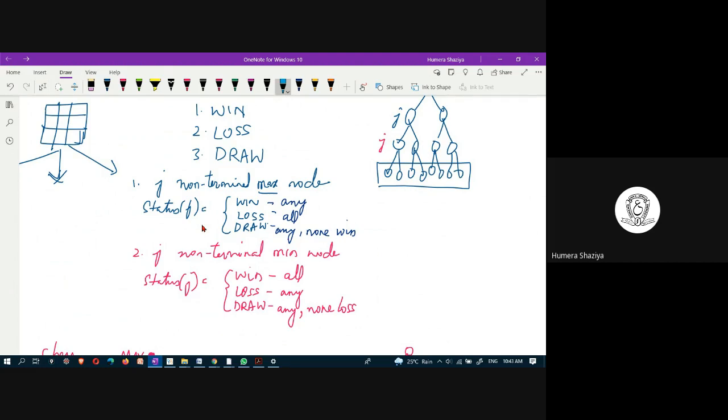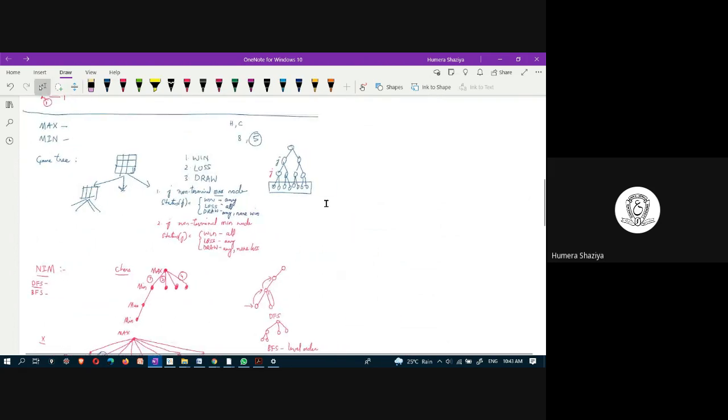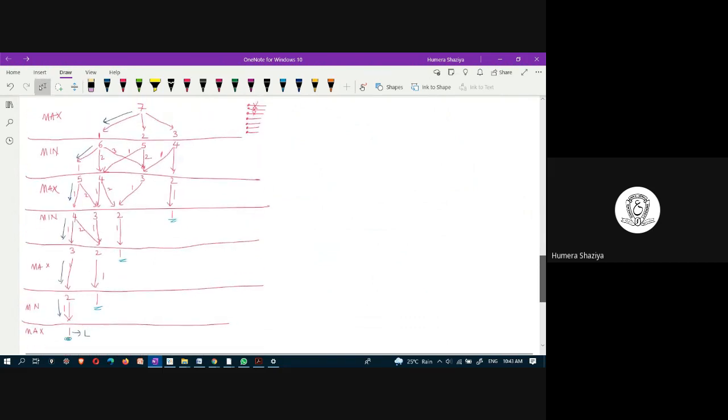It wins only when all its successors win. And there is a draw if there is any one node with a draw and there are no nodes with a loss. This is how you have to assign the status, win or lose.